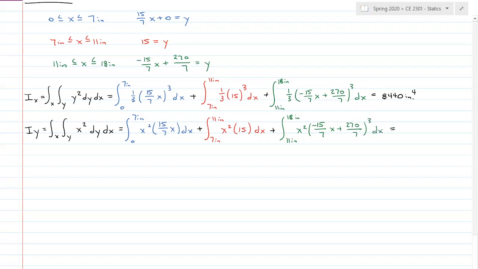And my inertia about the y-axis is going to be 15,700 inches to the fourth.